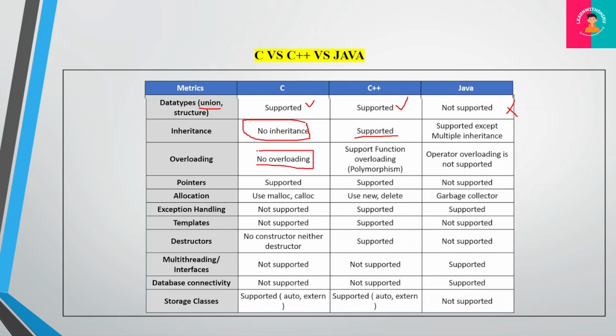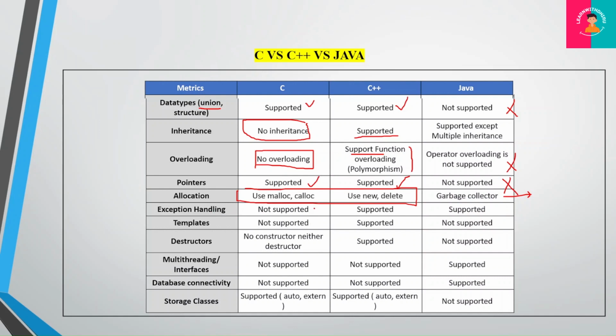Overloading: C++ supports function overloading handled by polymorphism, and operator overloading, which is not supported in Java. Pointers are supported in C++, but for security purposes they have been removed in Java. Memory allocation: you use malloc and calloc if you have to assign some memory, but in Java there is automatic garbage collection. It is possible in Java through the garbage collector.